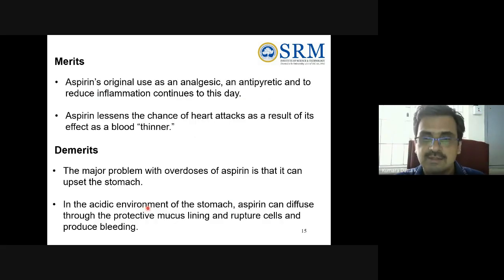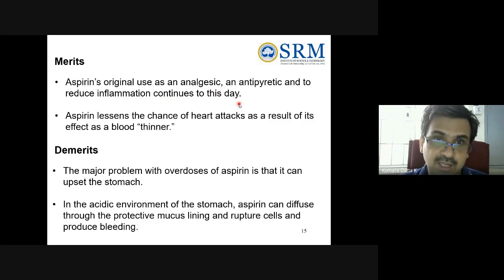Having said that, let us look into the benefits of acetyl salicylic acid, or aspirin. Aspirin can be used as an analgesic and an antipyretic, and it can also reduce inflammation.